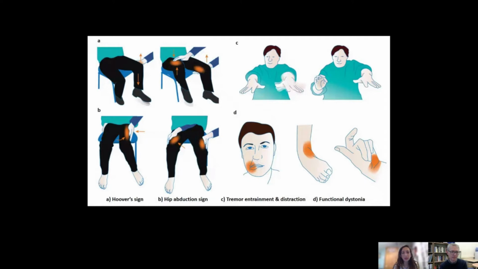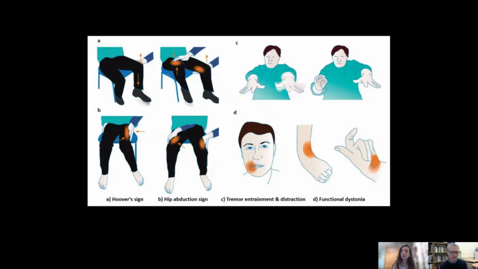So similarly with the abduction sign, you ask the patient to forcibly abduct their hip out to the side. It's weak and they can't produce that movement. But if you then ask them to produce the movement on their opposite limb and you press in from externally on both hips, you'll feel that that stabilizing force will actually occur in the weaker side. Tremor entrainment, there are some great videos available on the internet I'd really encourage you to look at, embedded within some papers.